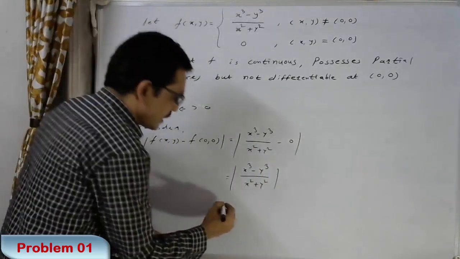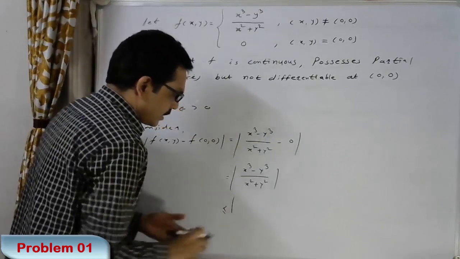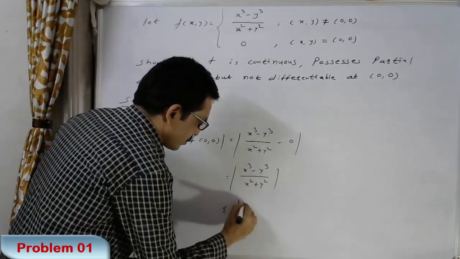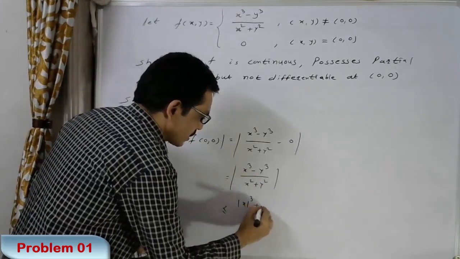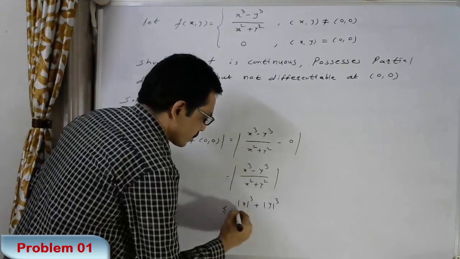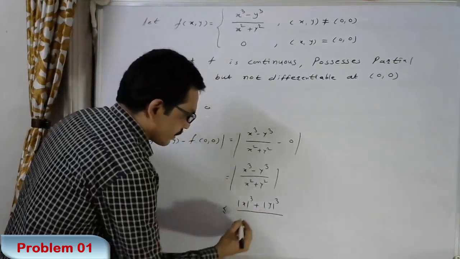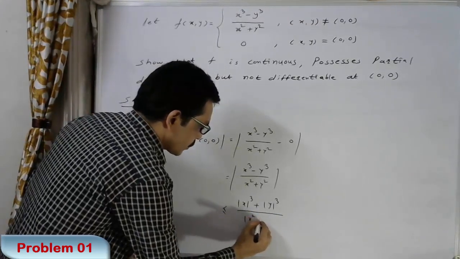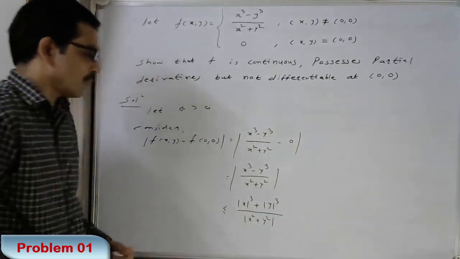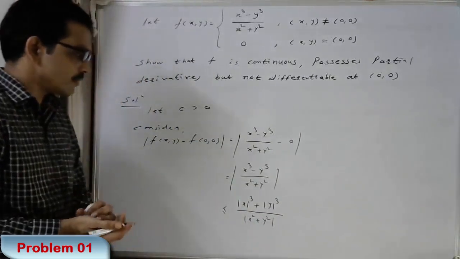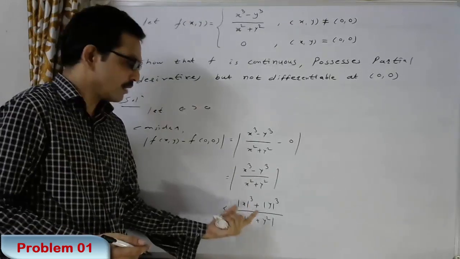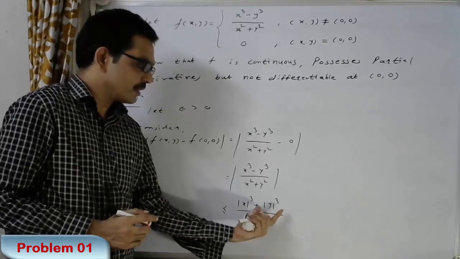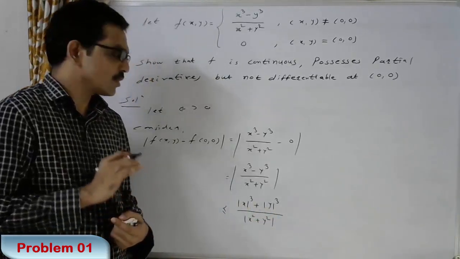Then this is less than or equal to (mod x cube plus mod y cube) divided by (x square plus y square). But mod of x is always less than or equal to the square root of (x square plus y square), and mod of y is always less than or equal to the square root of (x square plus y square).